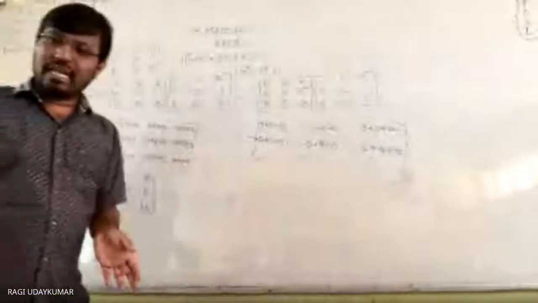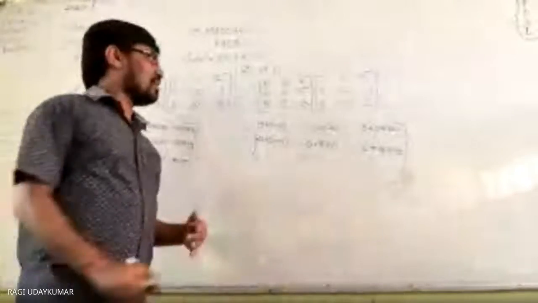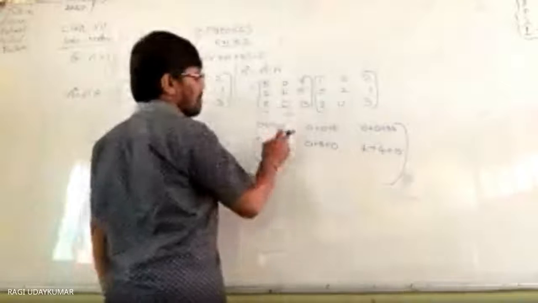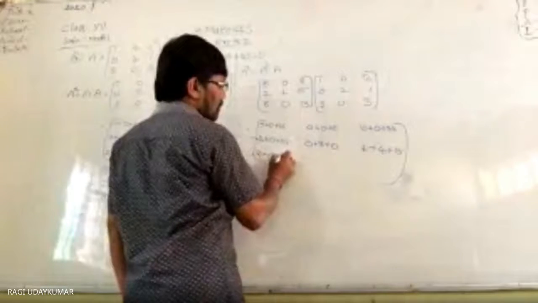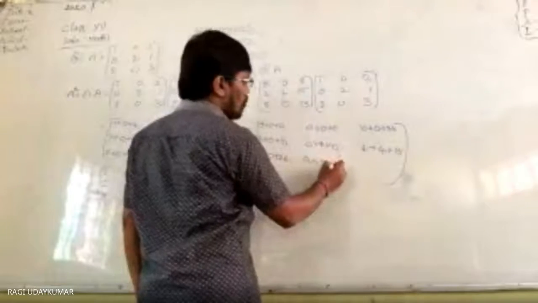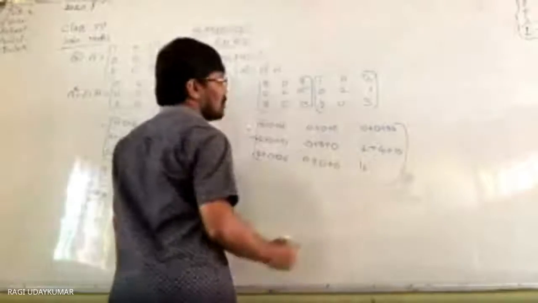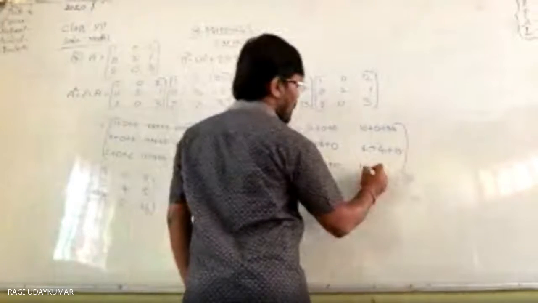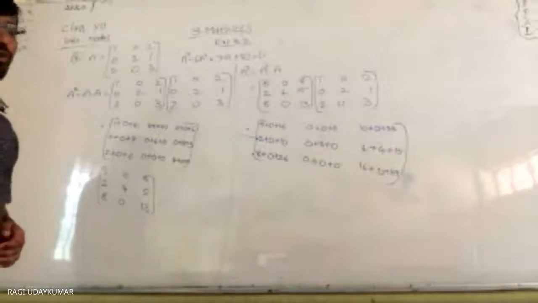Observe whether I am doing right or wrong. Sometimes when you do it directly it may be wrong also. 8 was 8, 0, and it was 26. Next 8, 0 plus 0 plus 0. Next 8 was 16, 16 plus 0 plus 13. See here, when you multiply, it may sometimes be right or wrong, and to verify you can do one thing.